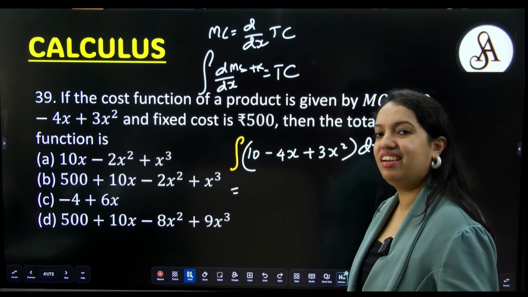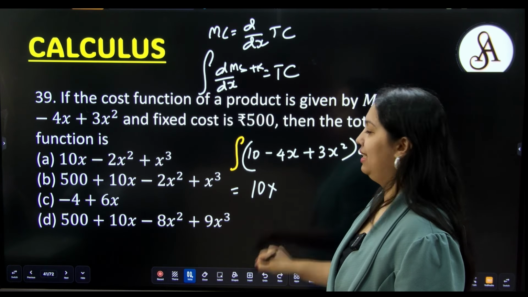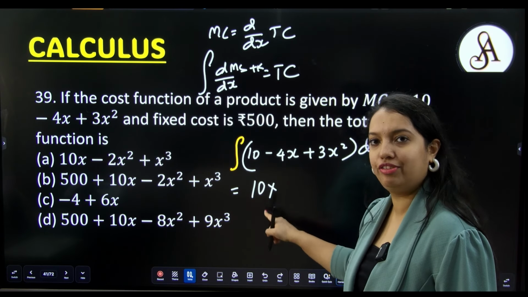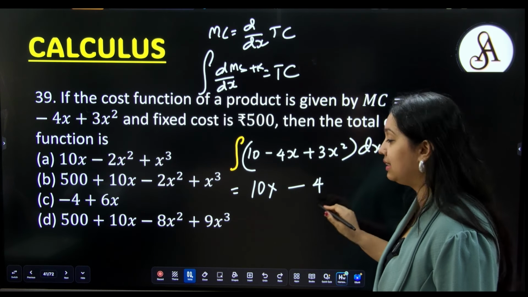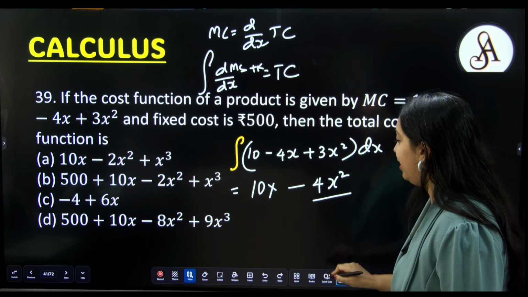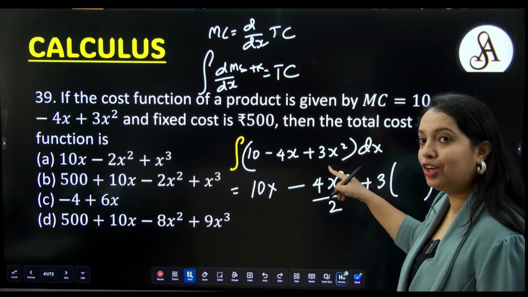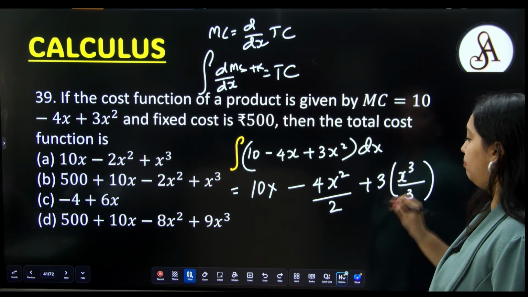Integration of any constant: integration of 1 is 1x, integration of 5 is 5x, integration of 10 is 10x. Minus 4 into integration of x, which is x power n plus 1 divided by n plus 1, plus 3 into integration of x square, x power n plus 1 divided by n plus 1.